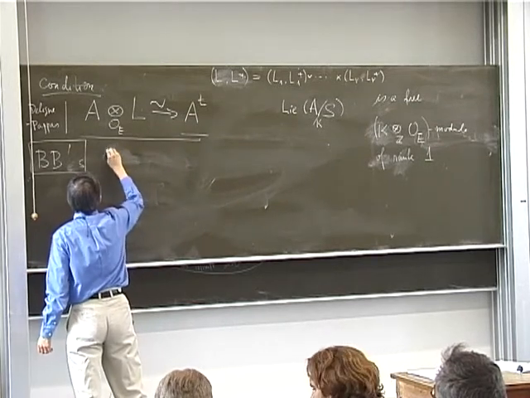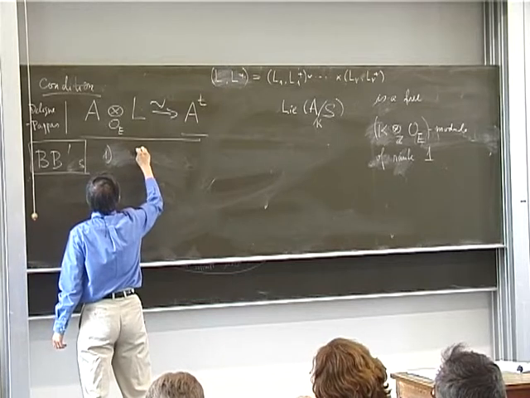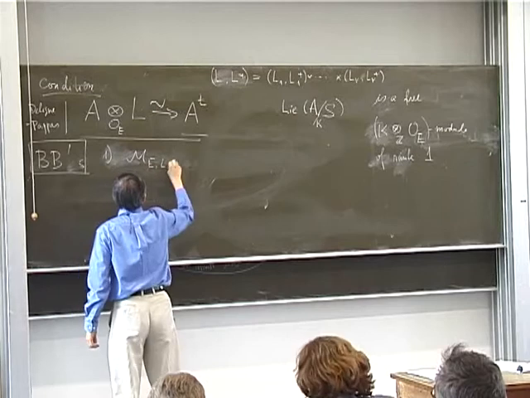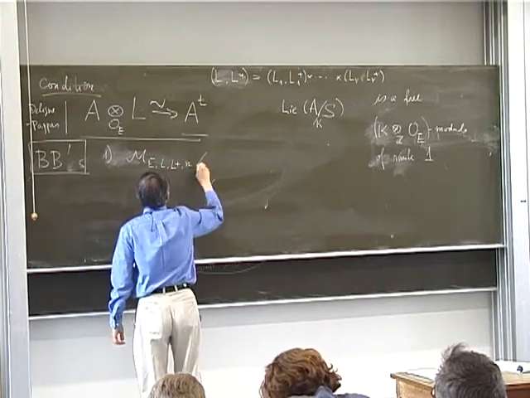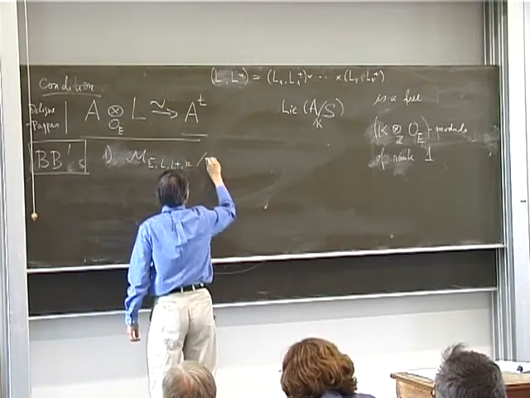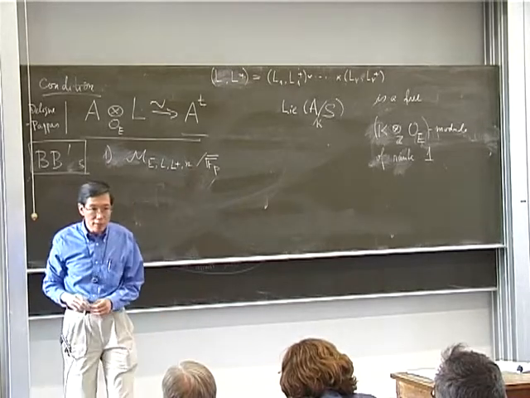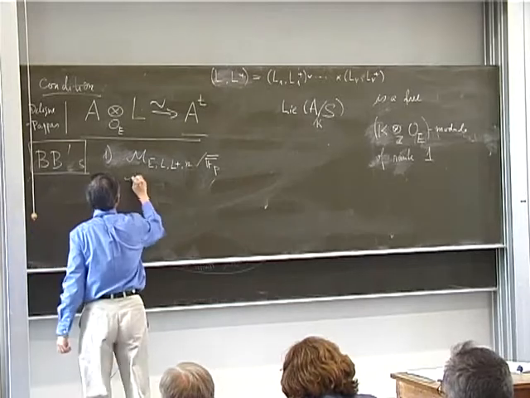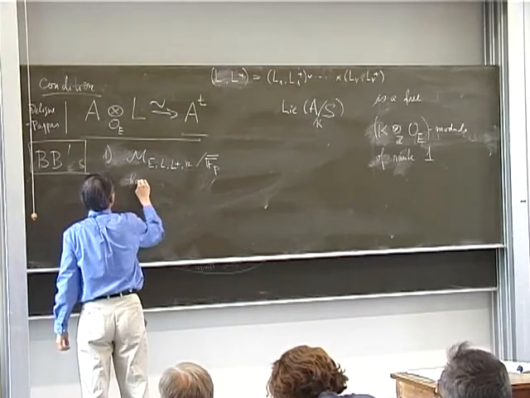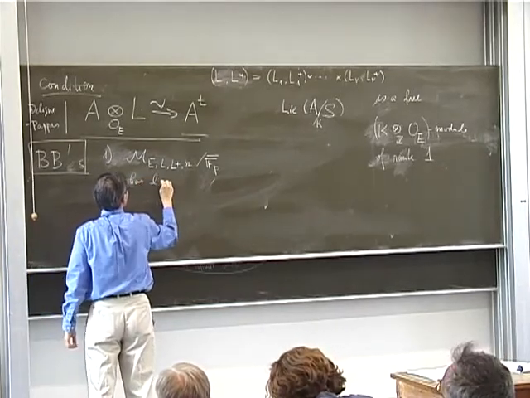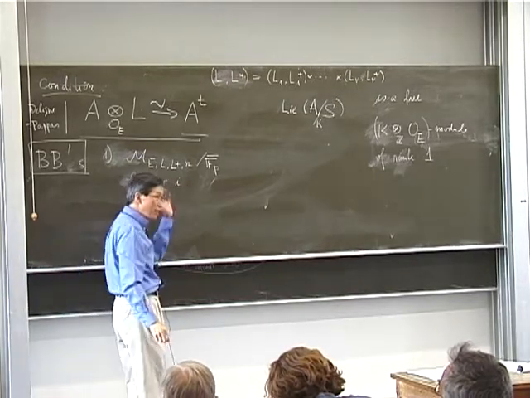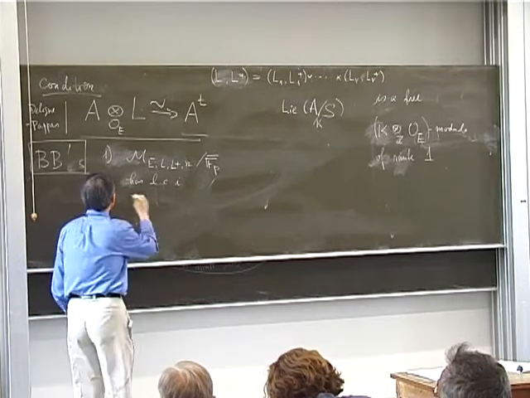So the point is that over F_p bar, in general M_{E,L^+} is singular. There are singularities. Okay. But it has local complete intersection singularities. At every point, that's the worst that can happen.